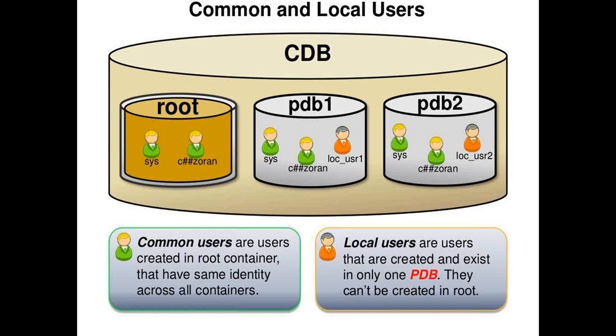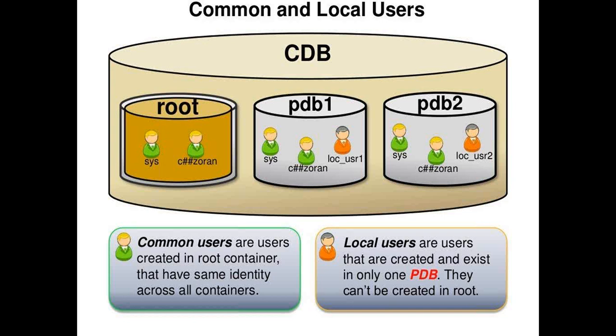Now the common and local users. For example, you are having two pluggable databases, which are PDB1 and PDB2, and one basic container database, root. Okay. Now what is meant by common user and what is meant by local user? So common users are the users which are present in the main container, which is root, and local users are the users that are present in independent pluggable databases.